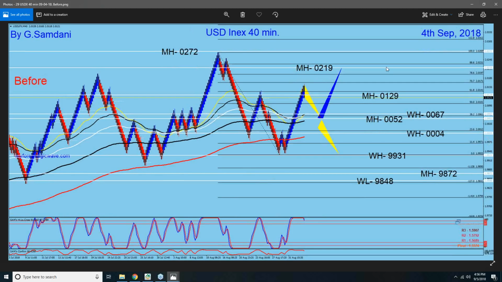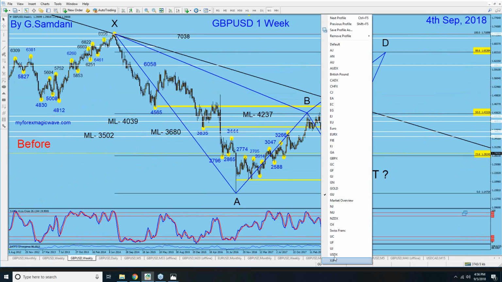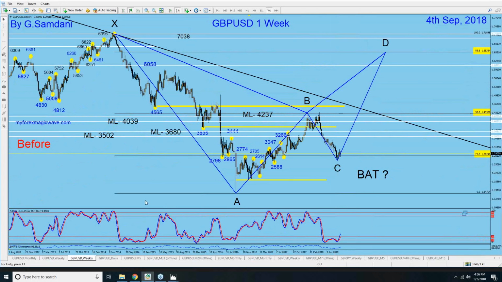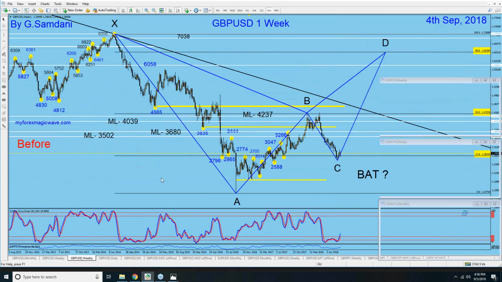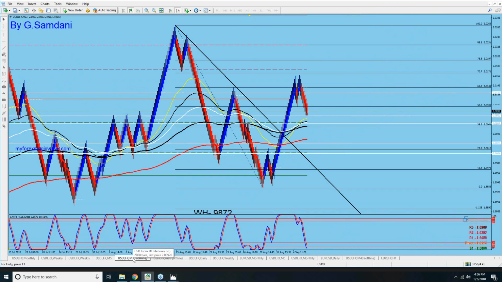Well, I made this yesterday, but what happened to this chart so far? I just totally forgot. I think that happened already. No? Hold on just a minute. Let it load. I'm confused about what happened to this chart. Where is that chart? The 40-minute?